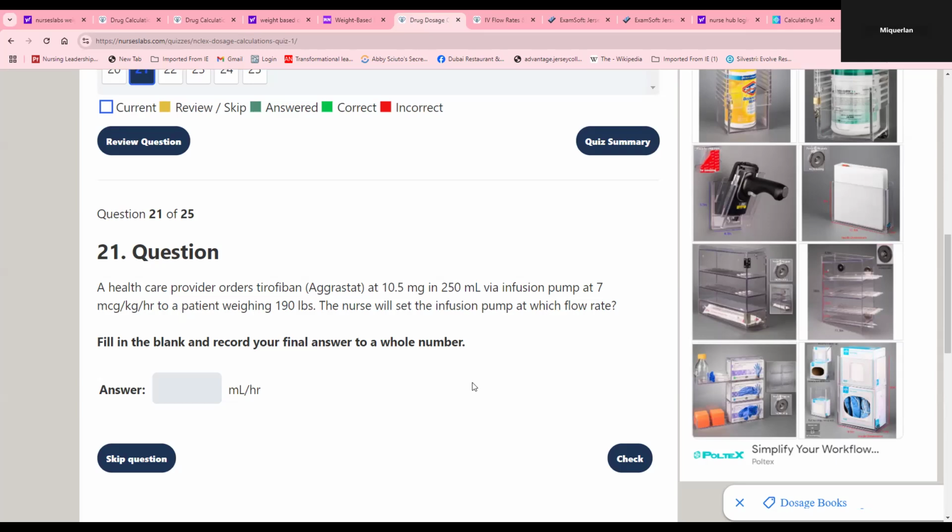You basically have to pay attention to whether it says mcg per kilogram per hour or mcg per kilogram per minute. Because if it's per minute, then you have to convert it to the hour. Here, you only had to convert micrograms to milligrams. You didn't have to do the hourly conversion.